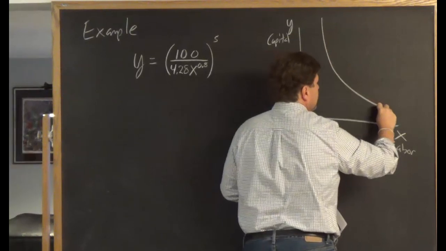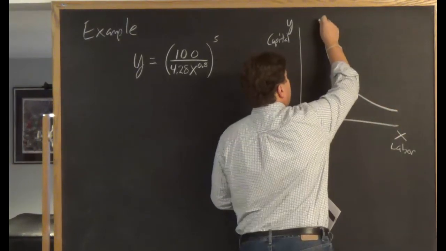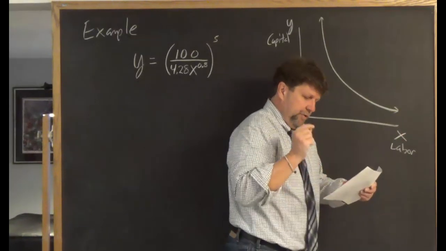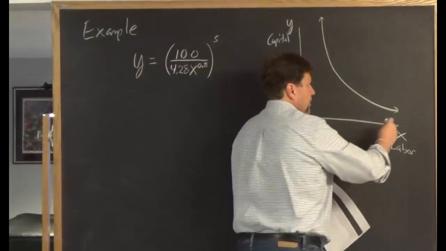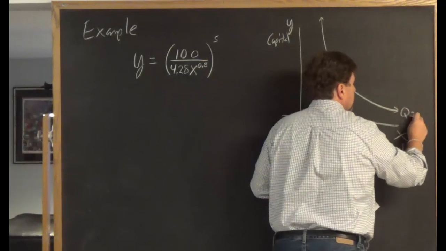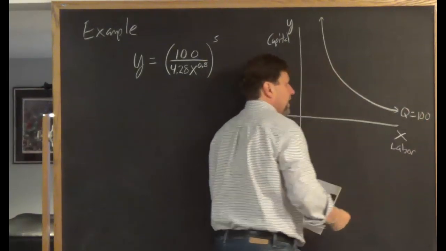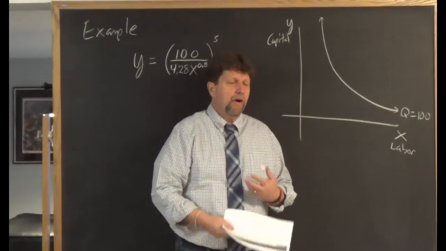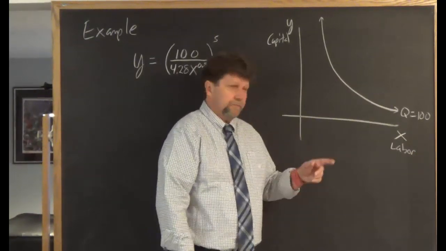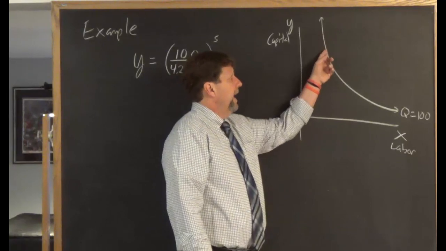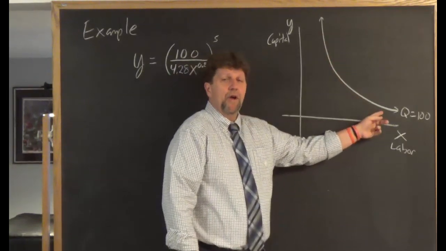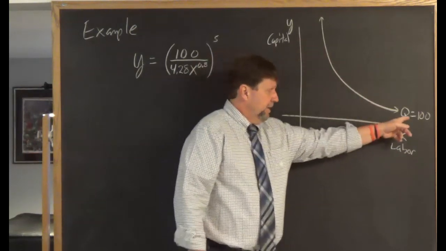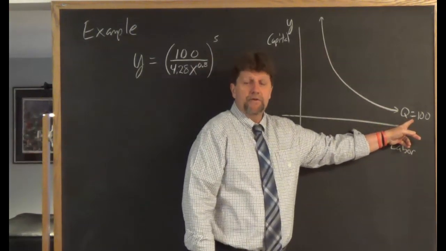Then you look at the graph that was on your calculator and you just reproduce that graph, and it looks something like this. And at the end of this, you need to put one more thing. You need to put Q equals 100. Because now what this tells anyone that looks at the graph is that any point on this graph is a combination of labor and capital that produces a quantity of 100 toys.